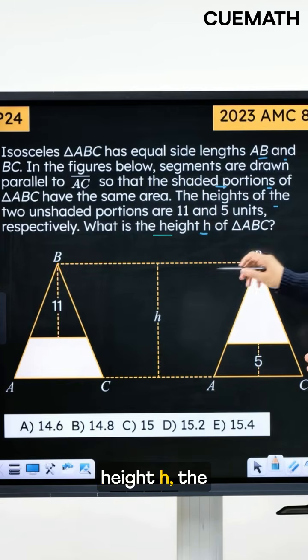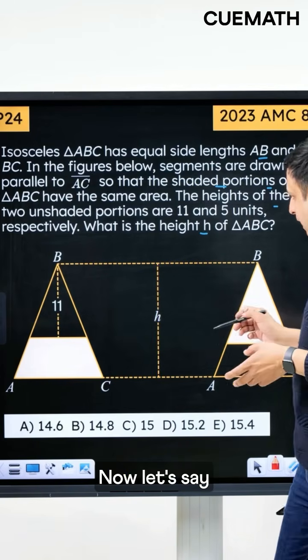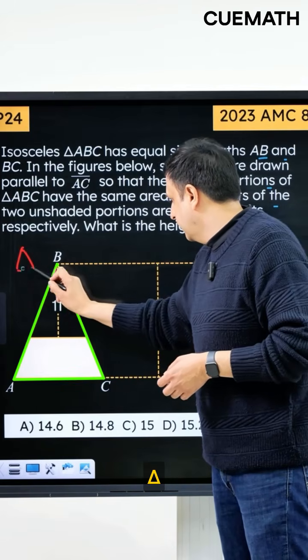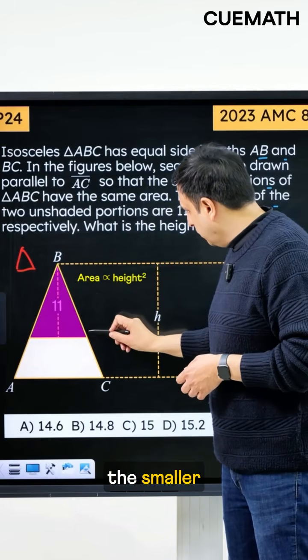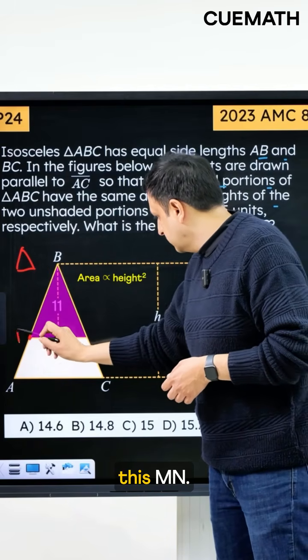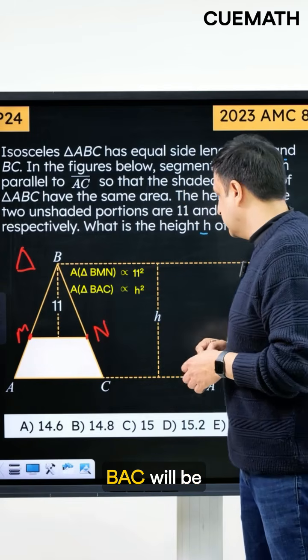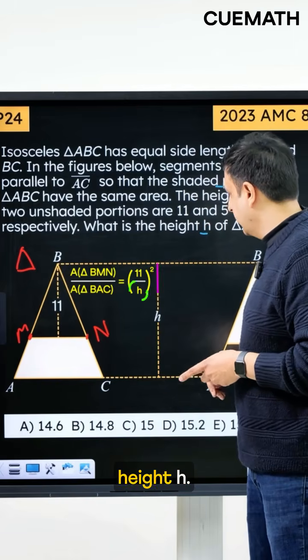What is the height h, the total height of triangle ABC? That is what we have to find. Now let's say that the area of this isosceles triangle ABC is, let's call it delta. Now from what we just saw, the ratio of the area of this smaller triangle, let's call this MN, so the ratio of BMN to BAC will be the square of the ratio 11 by the total height h.